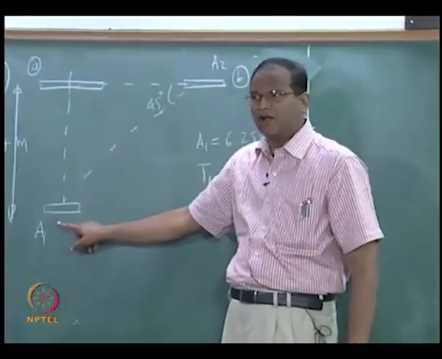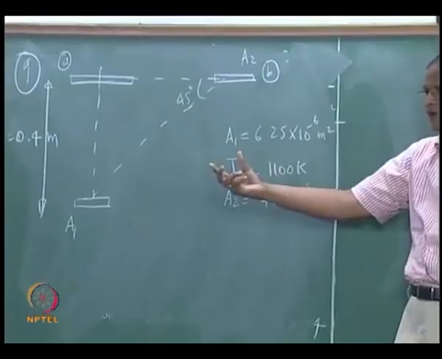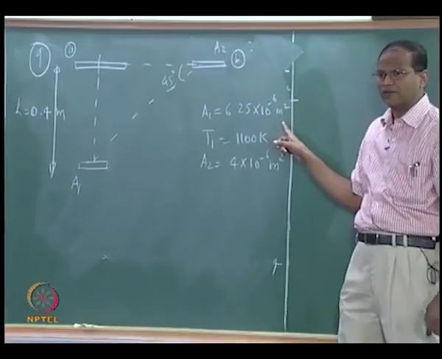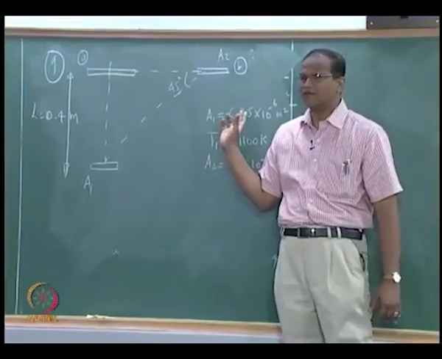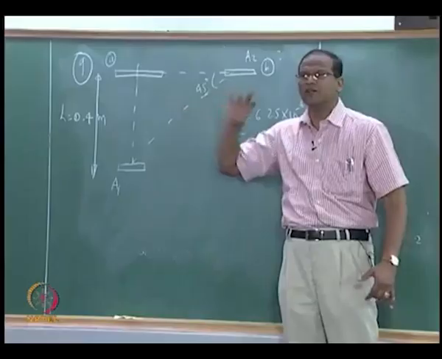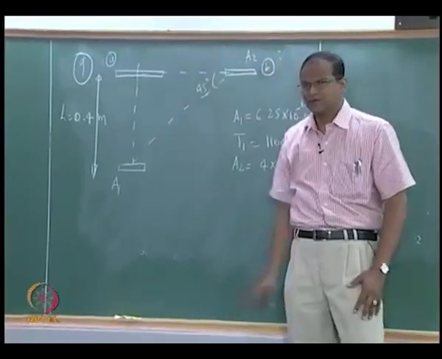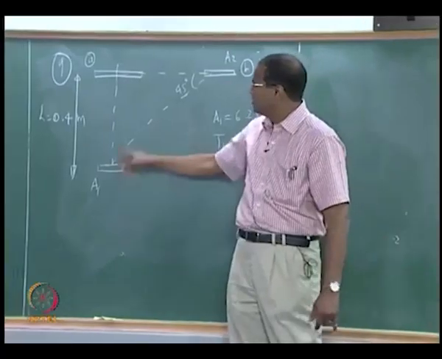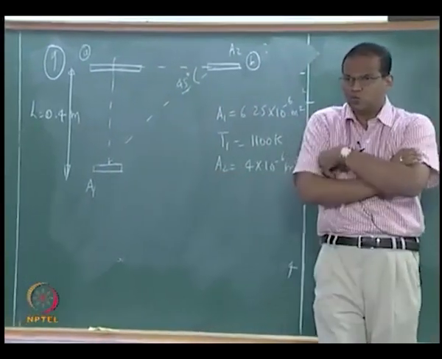There is an emitter A1, okay, it's a small emitter, area 6.25 times 10 to the power of minus 6 meter square. It may be a circular disc, you can use pi d square by 4 and find out. Everywhere there is vacuum, so that you do not worry about convection and conduction. Okay, so this is intercepted by another area A2.